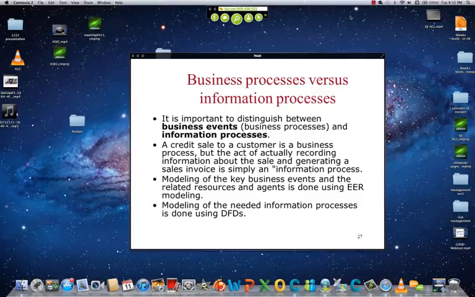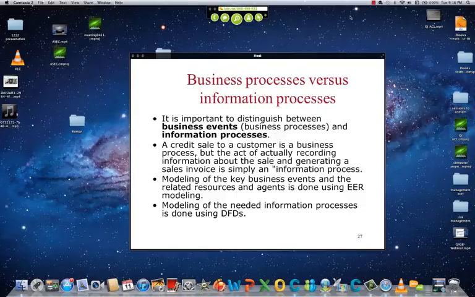Everything else, such as generating a sales invoice and creating a shipment, is all information process. At this point, information is not created; it is rather recorded and processed. So this is the idea. You can read some more examples in the book, although not too many of them are there.